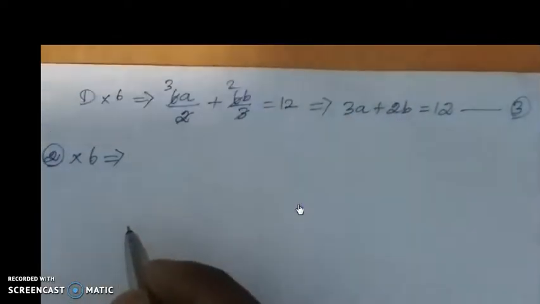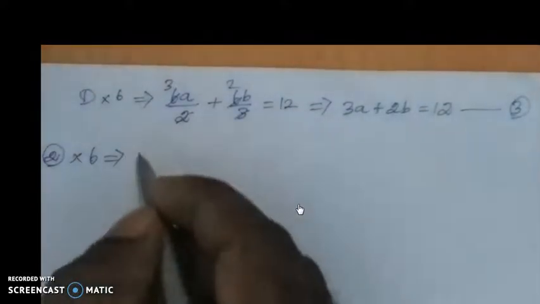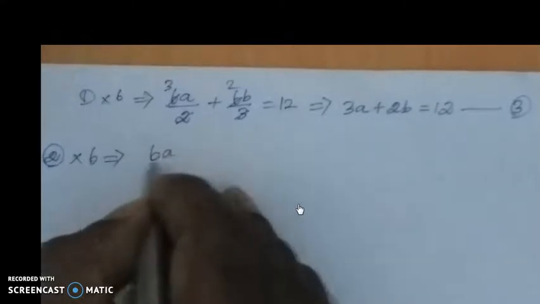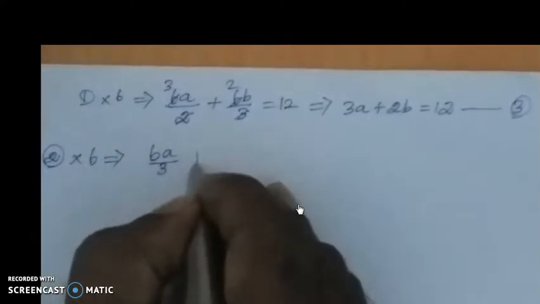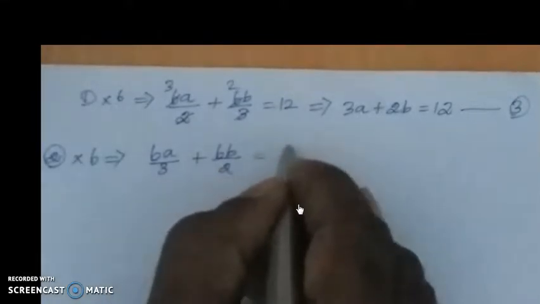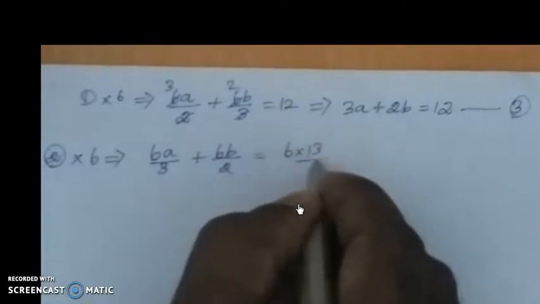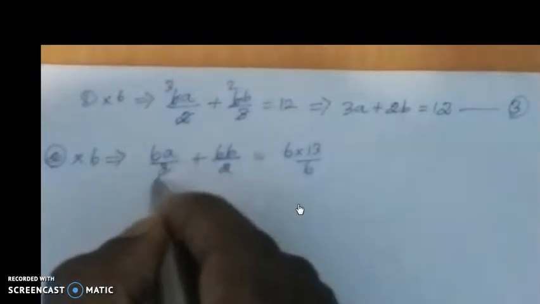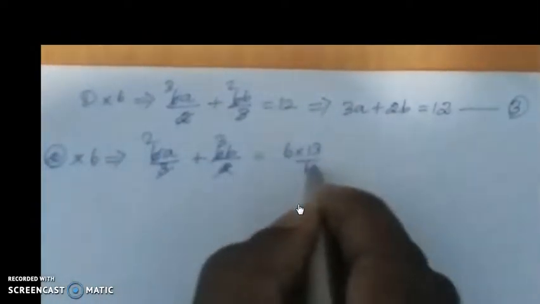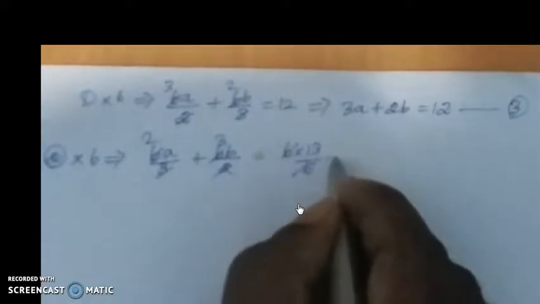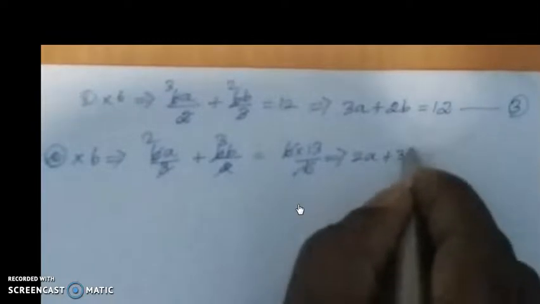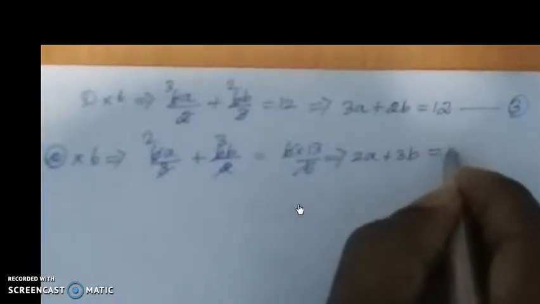Now multiply equation 2 by the number 6. It will become 6a by 3 plus 6b by 2 equal to 6 into 13 divided by 6. So here 2 times, here 3 times, and here 6 will cancel. So what about the remaining one? 2a plus 3b equal to 13.